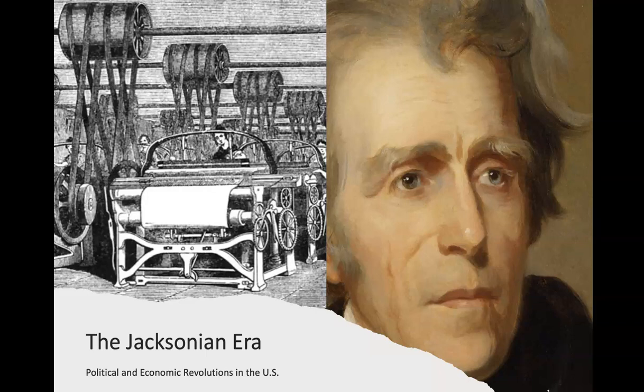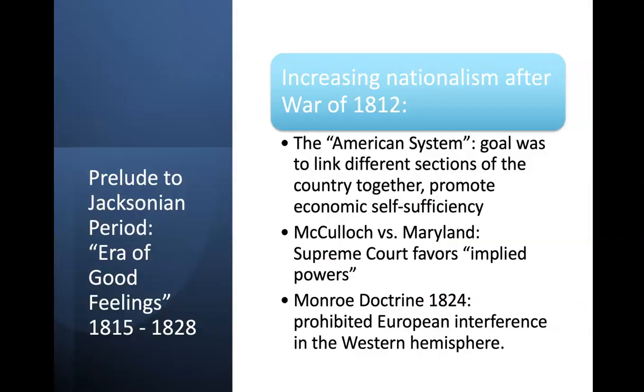Well, historians refer to this period as the era of good feelings. Okay, so I just said 1816, right? You could easily say 1815 through 1828. That's what the slide here says, 1815. And one thing we're going to discuss with the era of good feelings is it's marked by increasing nationalism.